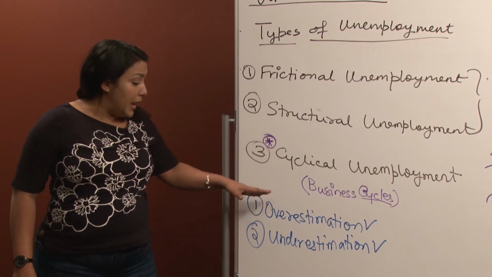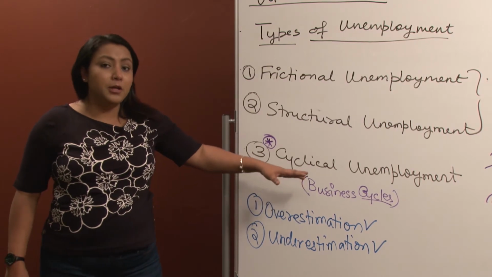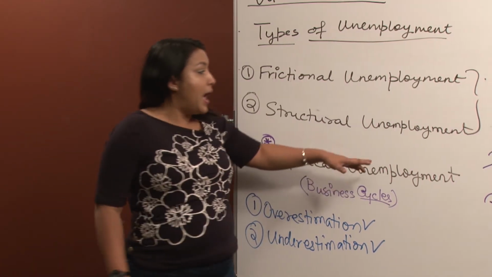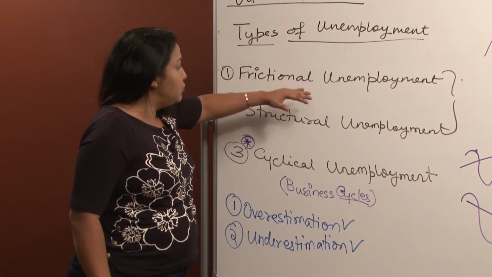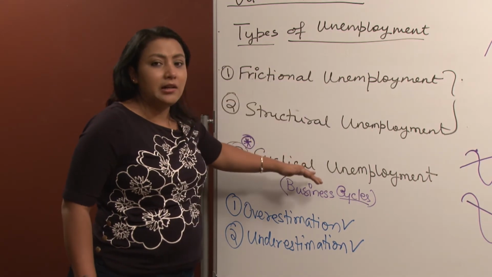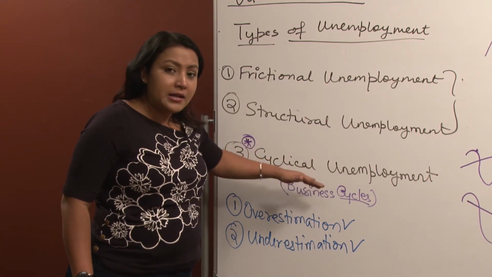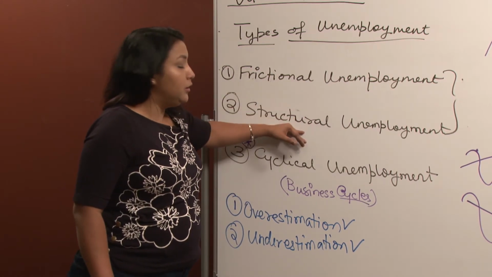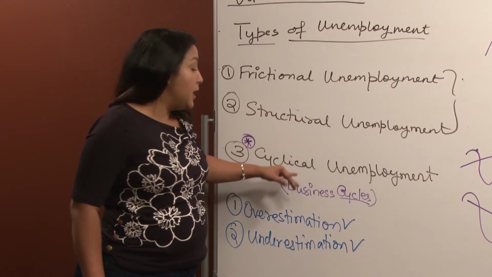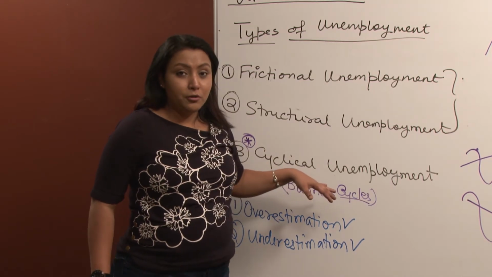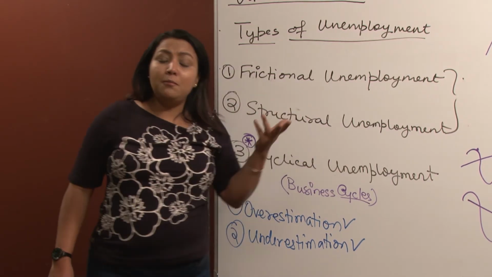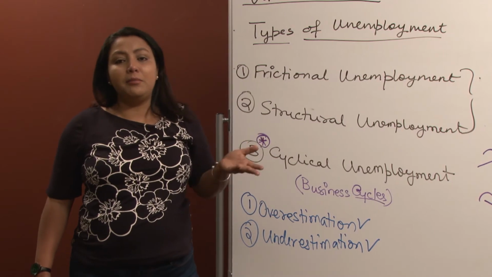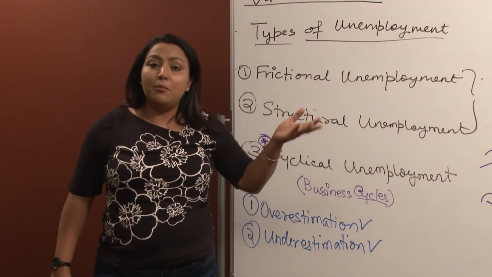And it can overstate the problem because remember, your actual unemployment rate includes frictional, structural and cyclical, right? So that 10% unemployment rate includes the frictionally unemployed, the structurally unemployed and the cyclically unemployed people, right?